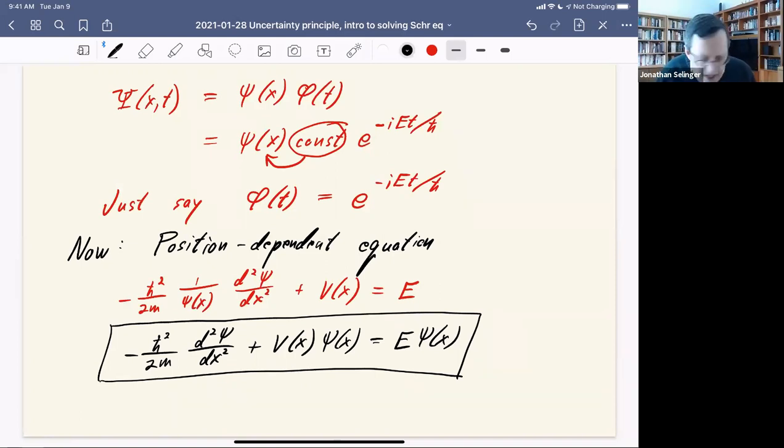Okay, so this is the Schrodinger equation with the time dependence taken out. The time dependence is already solved for. Okay, so the word that people use for that is the time independent Schrodinger equation.